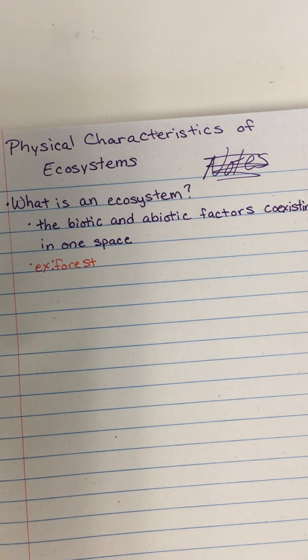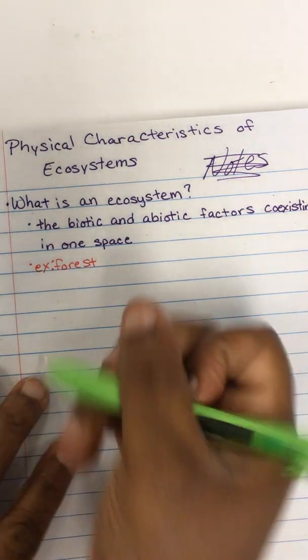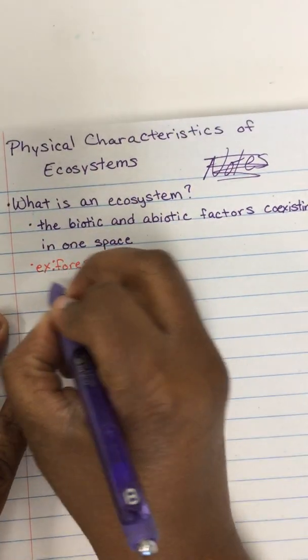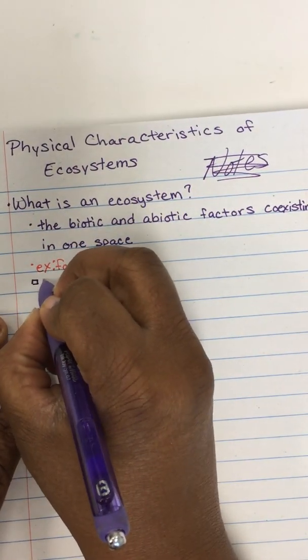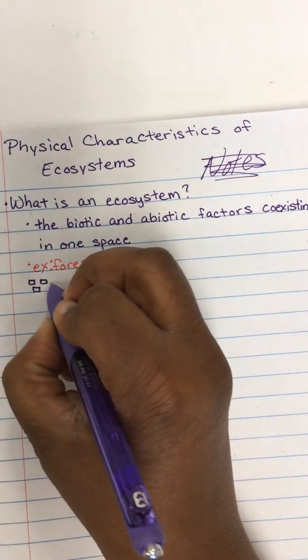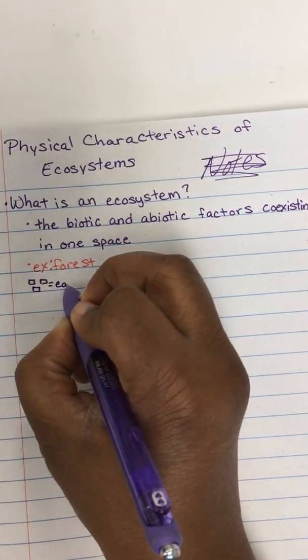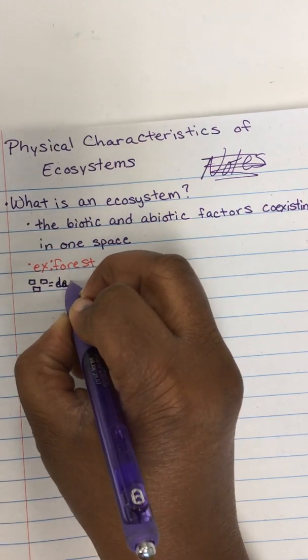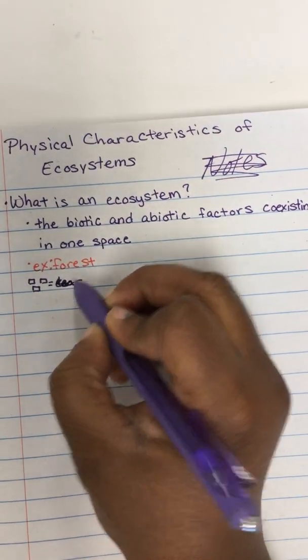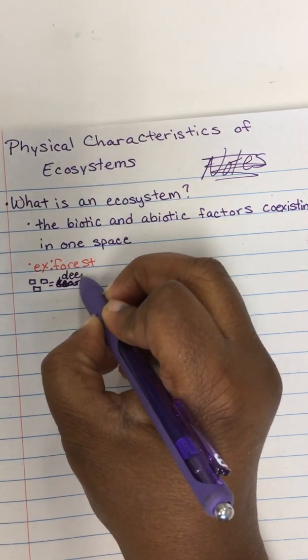It makes more sense to me this way if I can separate them, and this is the only way I can think to do that on this paper. So, actually I'm going to take my purple for a second. Let's say you have a bunch of deer, and for deer we're going to use rectangles today. Deer, there we go.